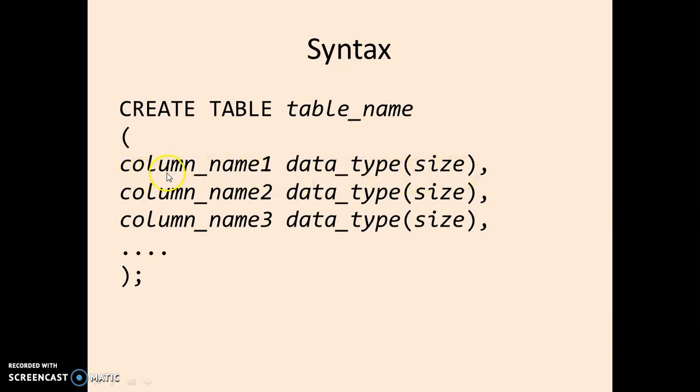So in this case, let's say ID, and the data type will be int. So it'll be an integer, 1, 2, 3, 4. Because it's an integer, we don't need the size.